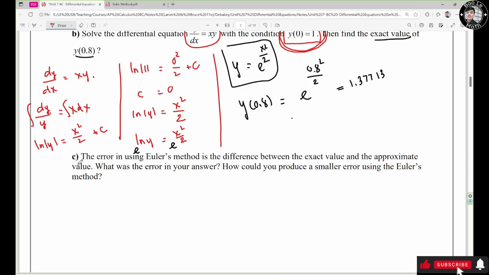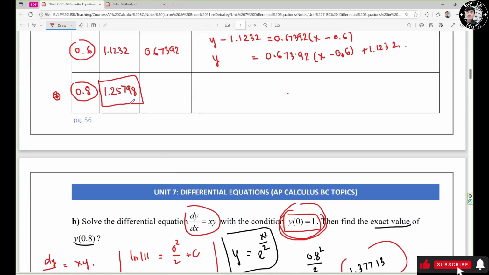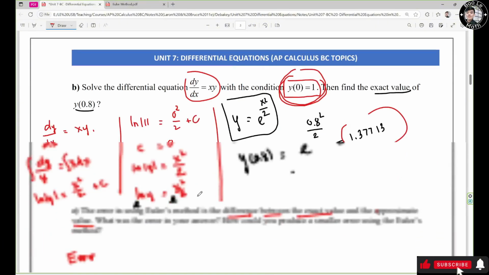Now let's move on to question C. The error in using Euler method is the difference between the exact value and the approximate value. What was the error in your answer? Alright, so you have error. So it's going to be the exact value right here, 1.37713, subtract the approximate value which we got right here, 1.25798.